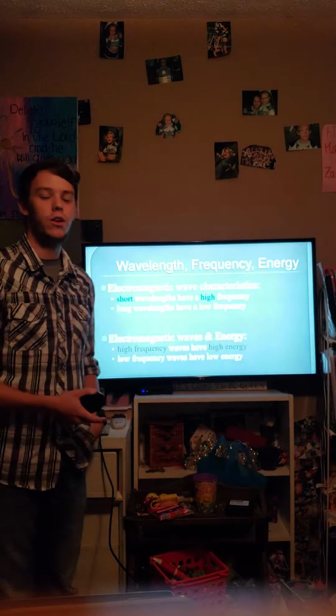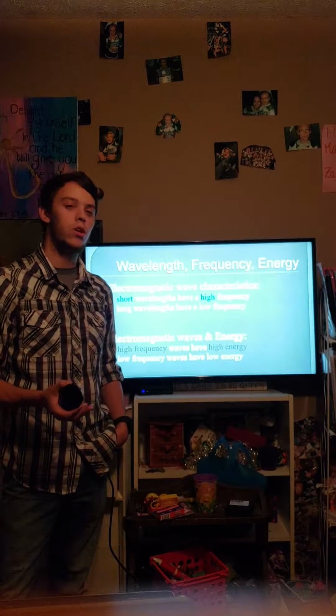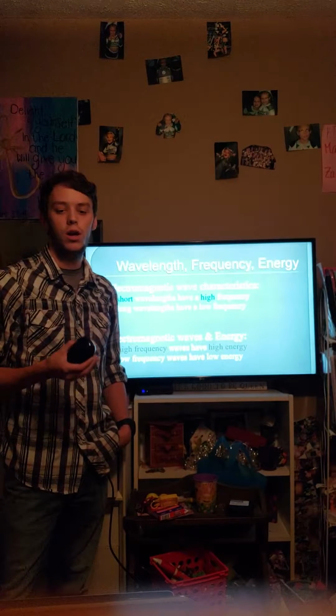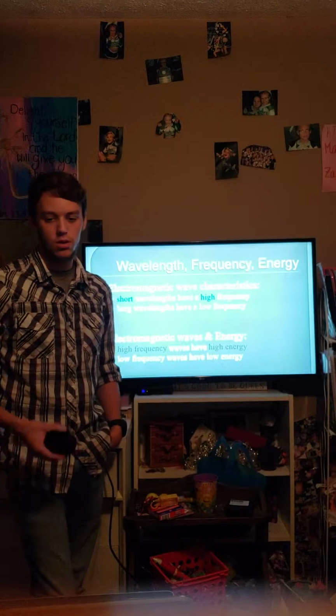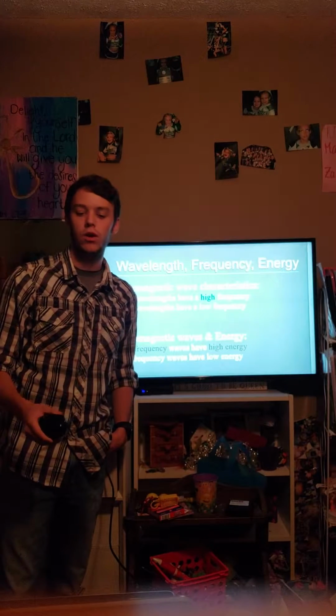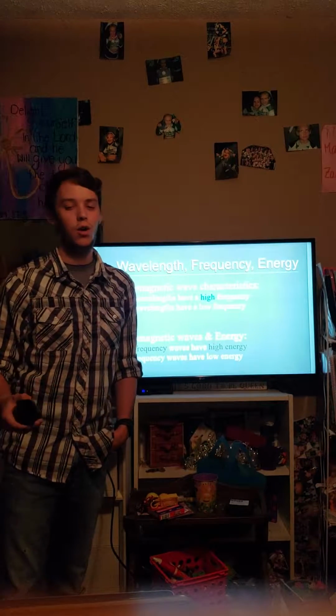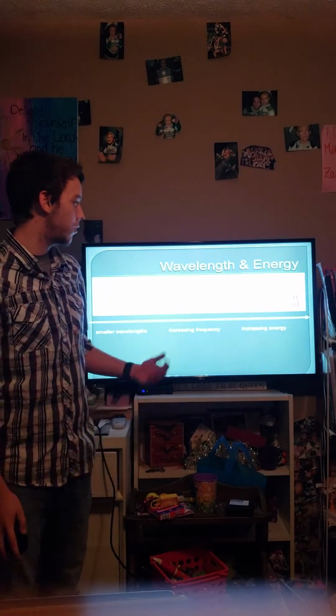Then we have wavelength, frequency, and energy. Electromagnetic wave characteristics are: short wavelengths have a high frequency, and long wavelengths have a low frequency. As for electromagnetic waves and energy, the high frequency waves have high energy, and the low frequency waves have low energy. And here I got a picture pulled up for you.